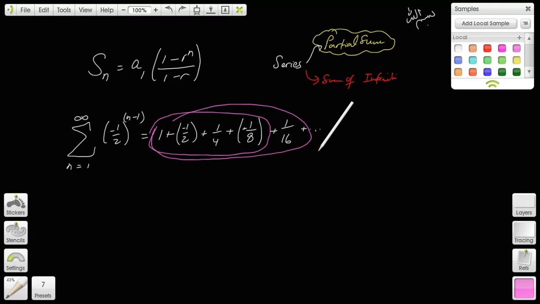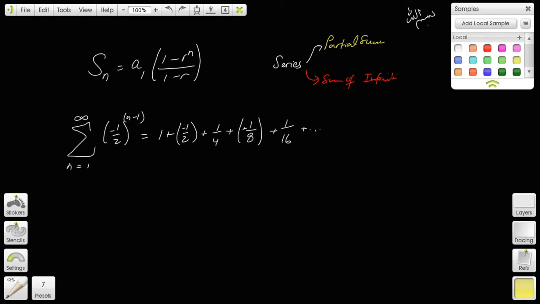This formula that we have learned and derived before is the partial sum, and that's why the n is there. However many n terms there are, this formula will give you the sum of those n terms. If you wanted the sum of the first 50 terms, you would put n to be 50. If you wanted the sum of the first 71 terms, you would put 71 there.